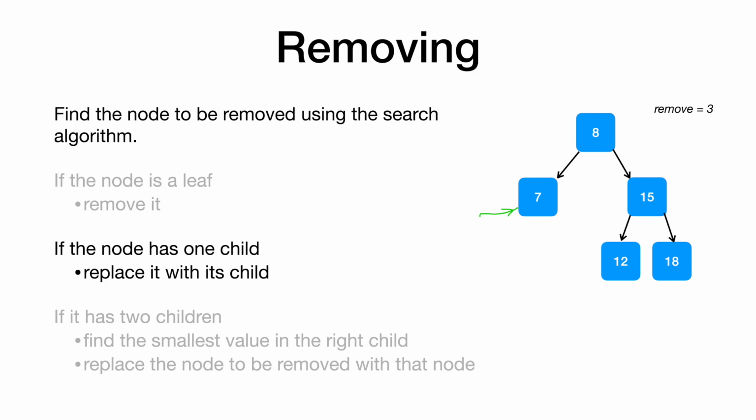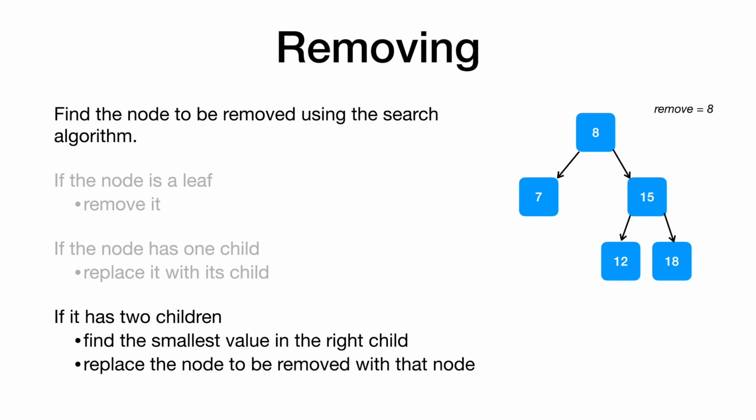So the real complication comes when you're trying to remove something that has 2 children. So here, if we wanted to remove 8, right? Well, it clearly has 2 children, so we can't just remove it. Otherwise, we wouldn't have a root anymore, right?